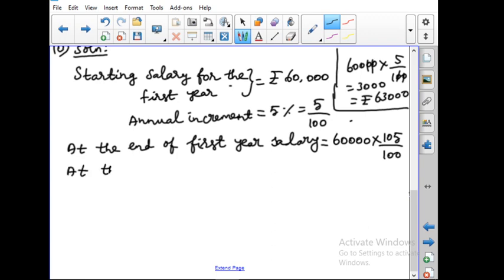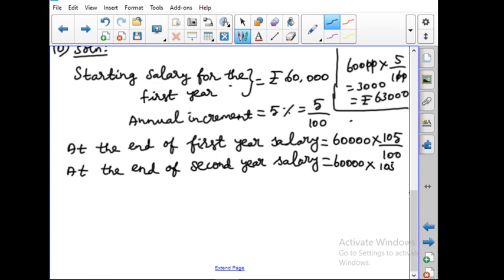At the end of the second year, the salary we can write as 60,000 into 105 by 100 whole square. Next, the third year salary we write as 60,000 into 105 by 100 whole power 3. Like this we get it, and so on.